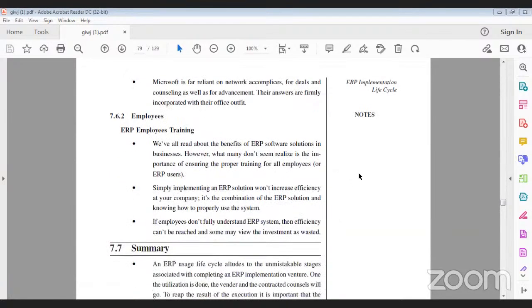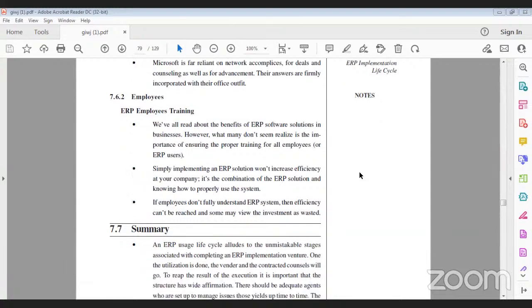At the end of the unit, there is also a summary. First, the ERP usage life cycle alludes to the distinct stages associated with completing an ERP implementation venture. Then the utilization is done.